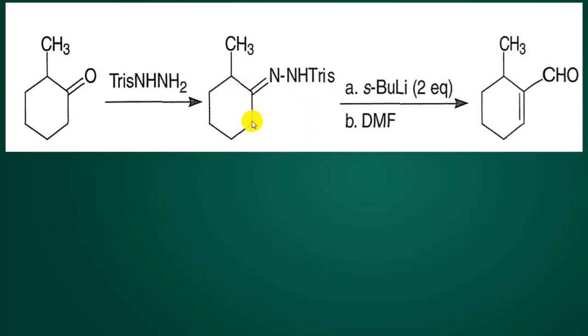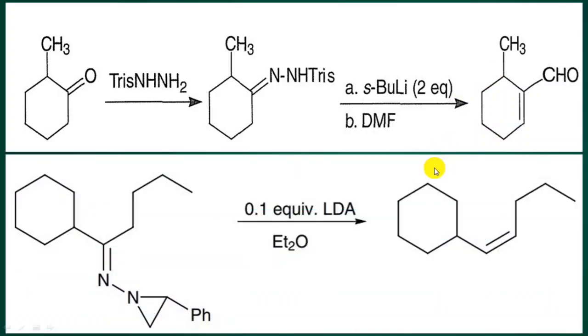The second molecule abstracts this proton, because this carbon is sterically less crowded, so double bond formation takes place at this position. Now here the electrophile is DMF, and the good leaving group in the DMF molecule is N(CH3)2. So we got this CHO, or we got this product. This is another example. Now you can easily solve this example.